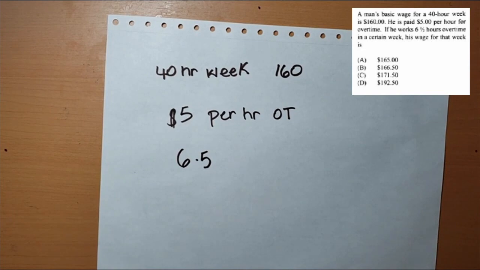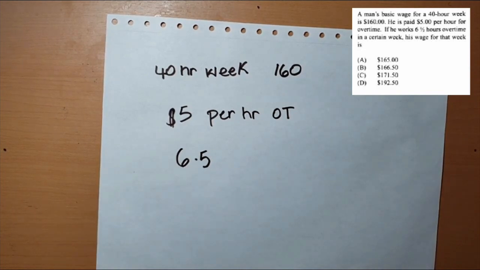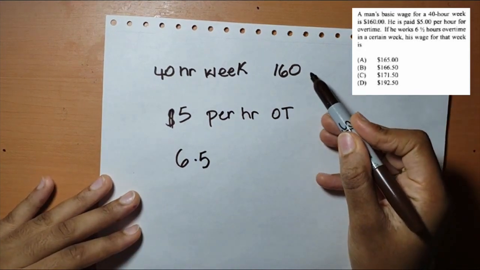His overtime rate is $5 an hour. This week he worked 6.5 hours, so we need to find his overtime wage and add it to his basic salary, because he's supposed to get the basic wage regardless.